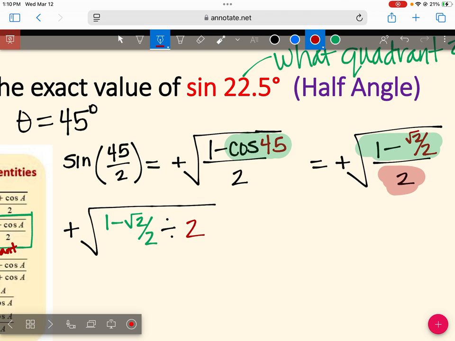Okay. So now that we have it broken up, let's look at what I have in green, which is my numerator. What do you have to have in order to subtract a fraction? Common denominator. So how can I rewrite 1 so that it has a 2 at the bottom? 2 over 2. So let's do that. And I am not skipping a step.